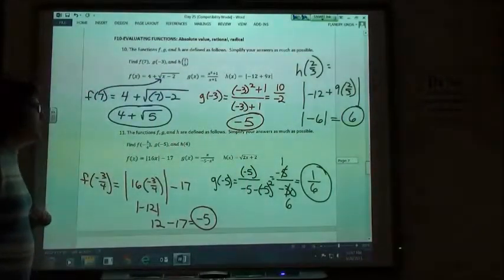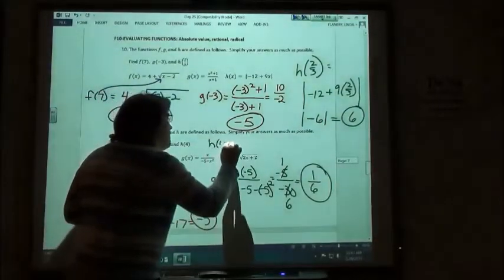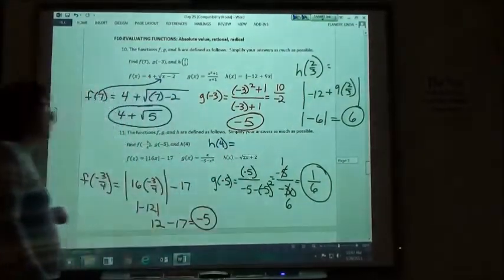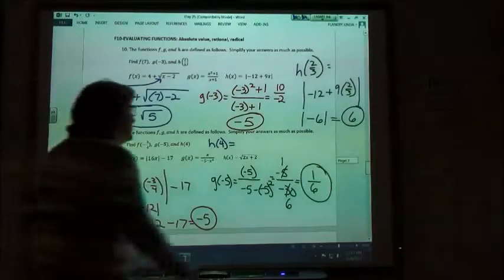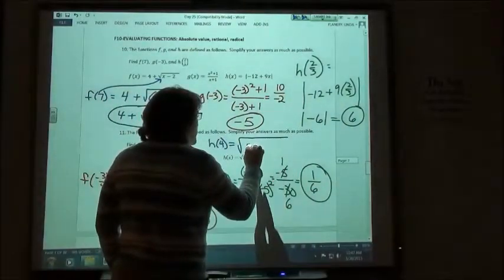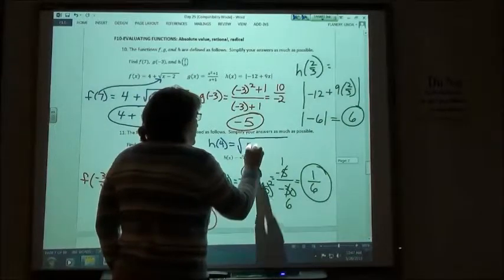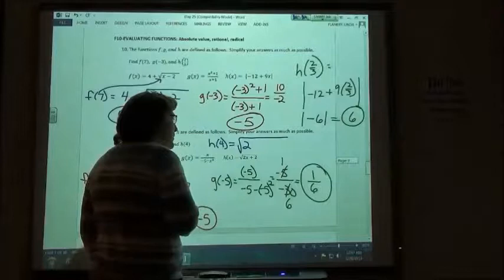I'm going to do my h up above because I have a little space there. So I've got to do h of 4. h of 4 is going to equal the square root of 2x plus 2. What am I going to put in for the x? 4.